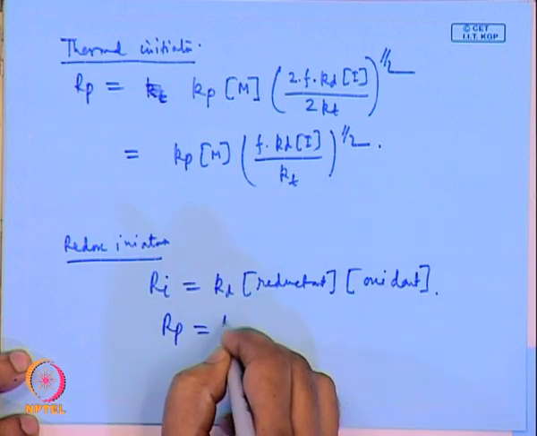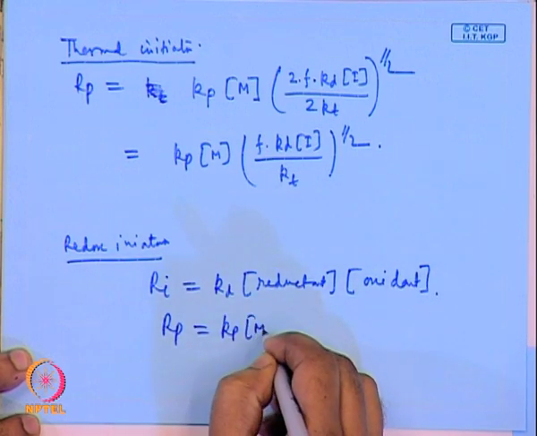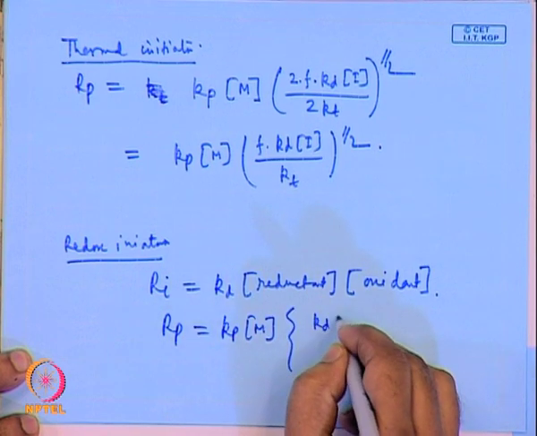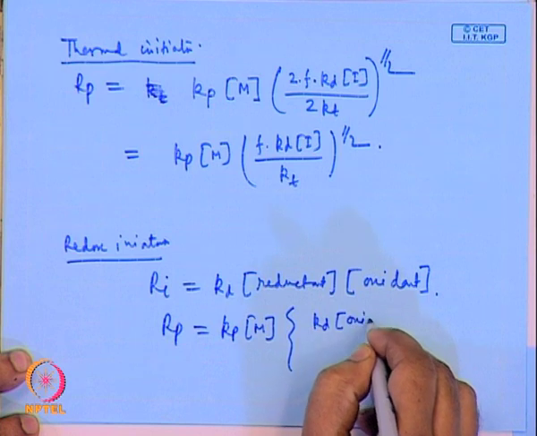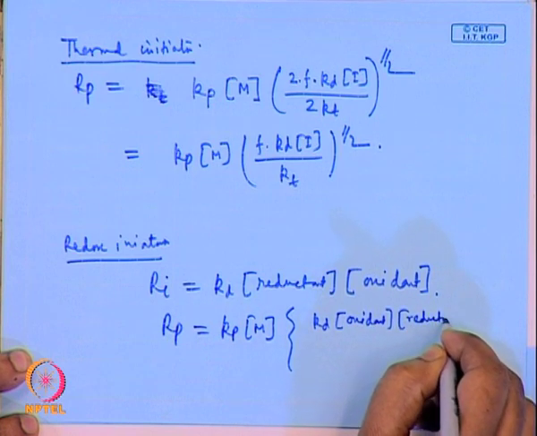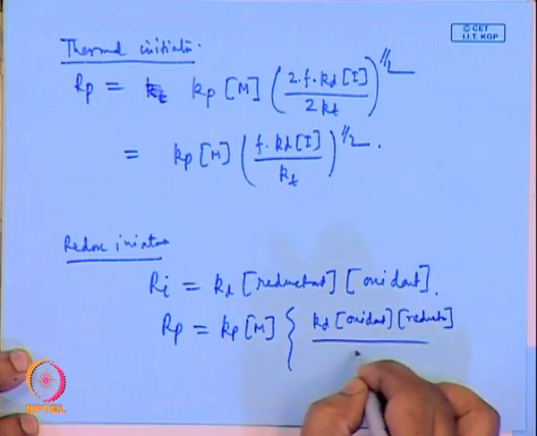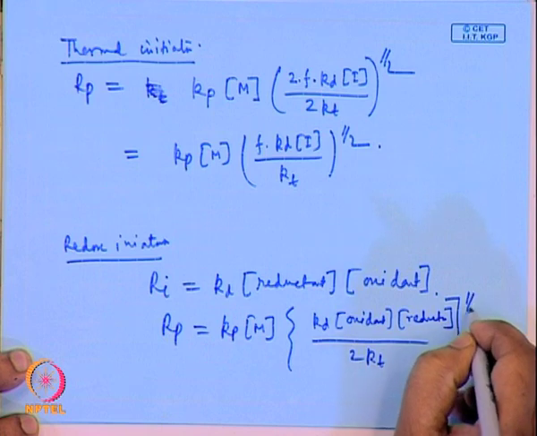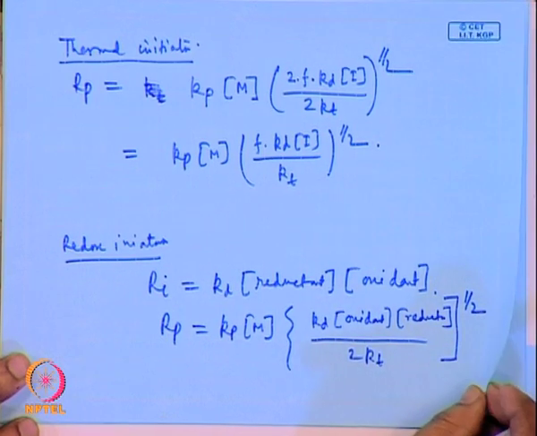So, Rp would be Kp m, Kd oxidant by reductant concentration, by twice Kt to the power half.